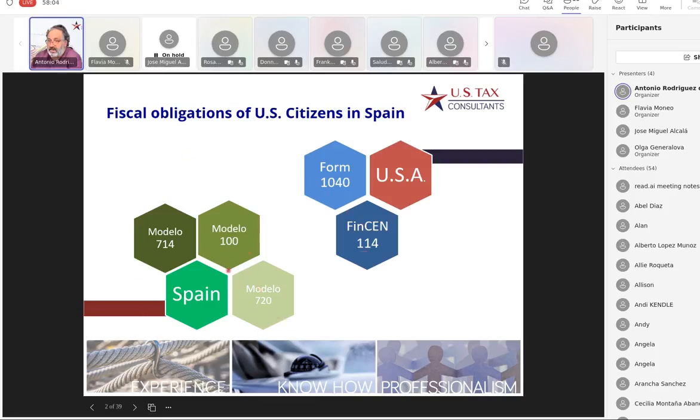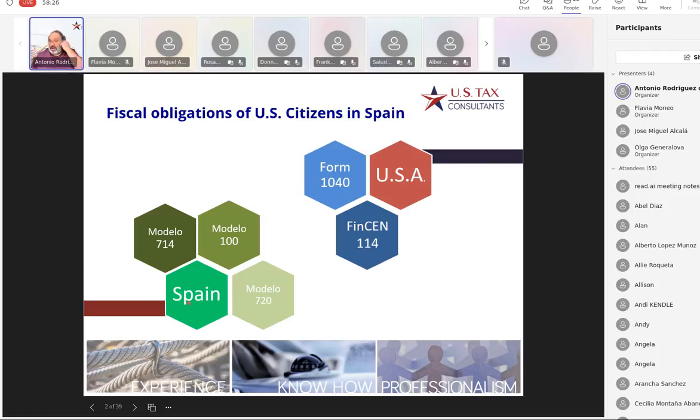Then the U.S. obligations are these two, the 1040 and the FinCEN. In Spain it is basically the same or a similar thing, which is the Modelo 100, the IRPF, which corresponds to the 1040, and the 720, which corresponds more or less to the FinCEN, which is the list of assets that you have abroad.